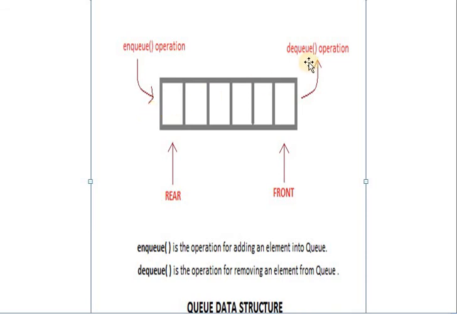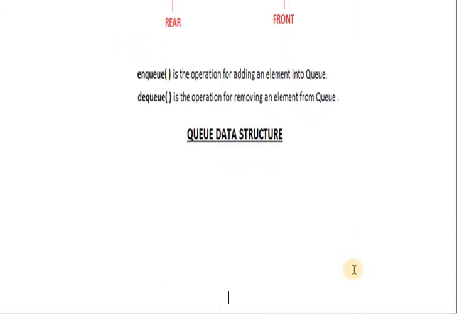This is DQ in which you are going to remove the element. You call it rear or tail, and front or head. So NQ is the operation for adding an element into the queue. DQ is the operation for removing an element from the queue. This is the queue data structure.